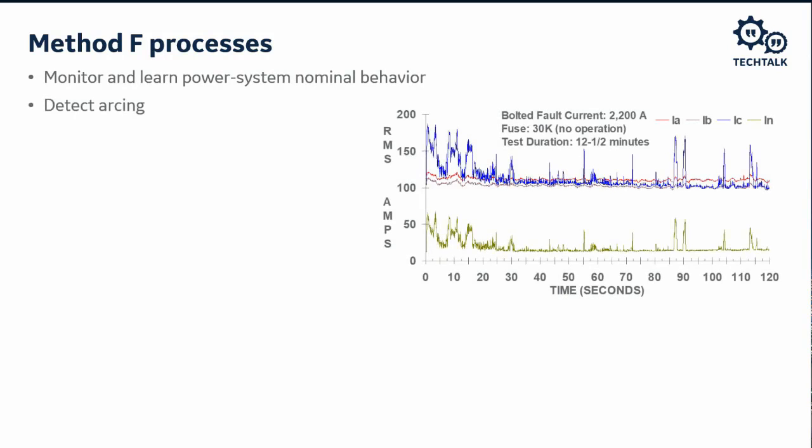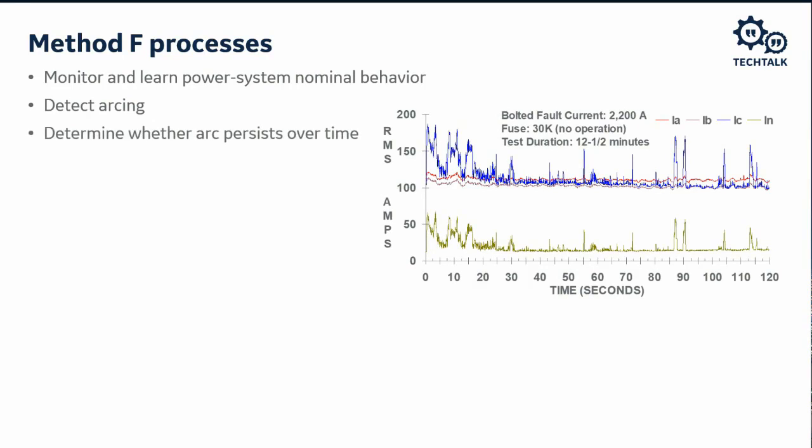High impedance fault detection is accomplished through a variety of techniques, and these are all coordinated by an internal expert system. The HIF protection system monitors and learns the power system nominal behavior. At the heart of the HIF detection system is identification of arcing on a feeder.